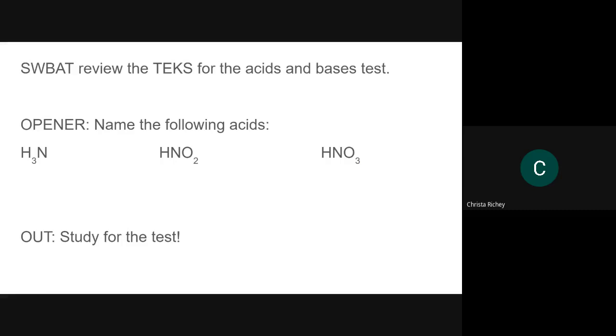Only one of these three gets the prefix hydro. How do you know which one is the hydro acid? Well, something that's got 3 hydrogens, there's no oxygen in it.